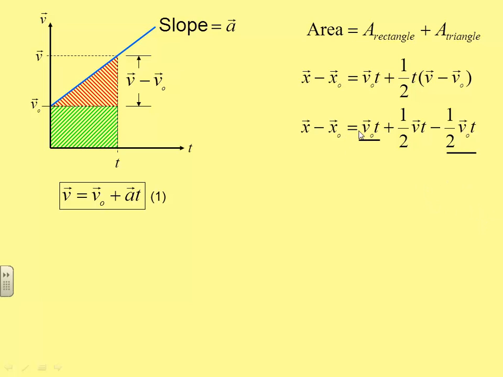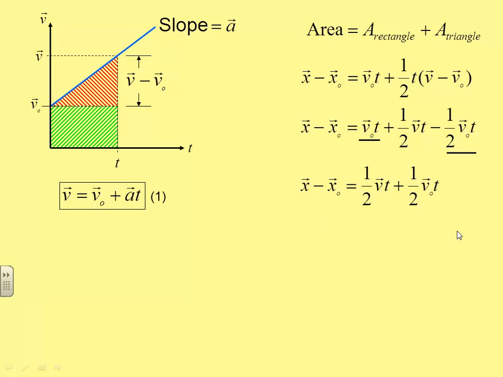The initial velocity times the time, and over here we have a minus 1/2 the initial velocity times the time. So if we combine those two together, we get 1/2 the initial velocity times the time. Notice the 1/2 final velocity times the time just gets carried along.